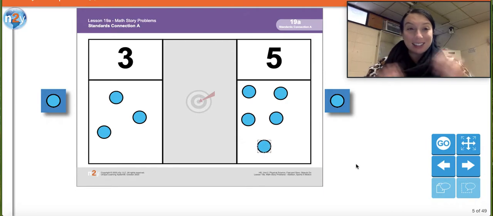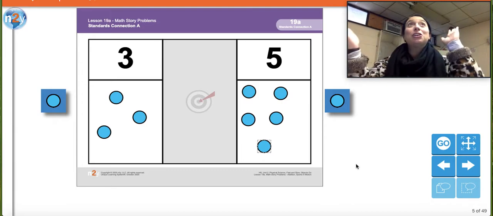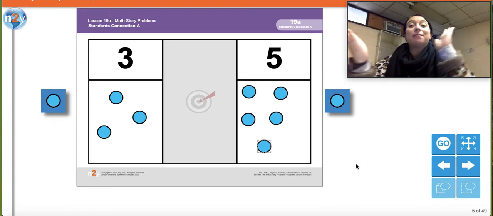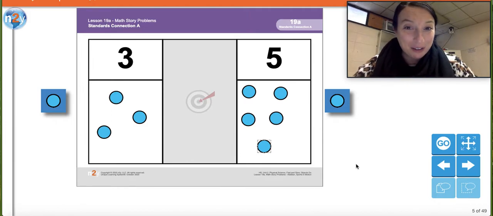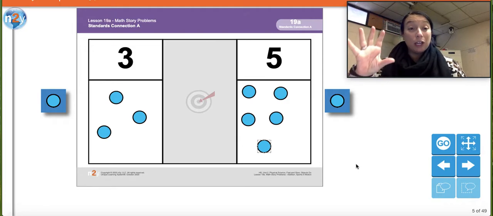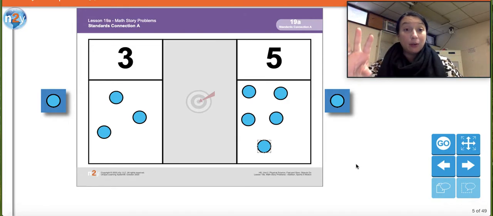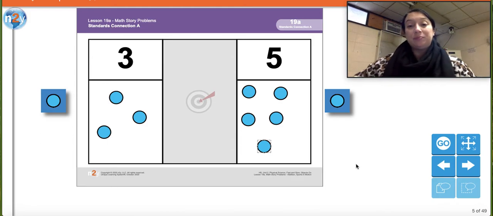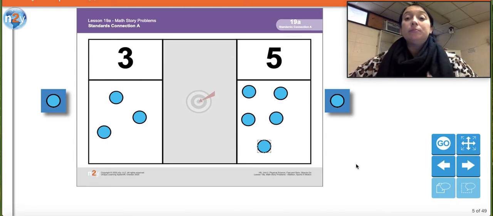You know what's coming next. 1, 2, 3, 4, and 5. Perfect. Okay, so now we have to decide which number is greater than, meaning the other number will be less, or if they're equal.